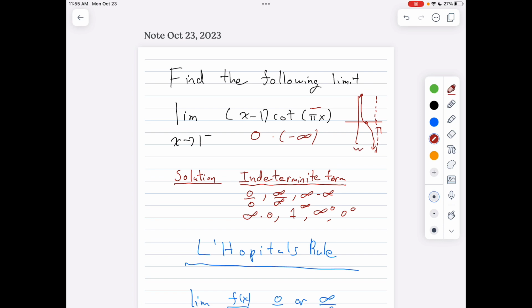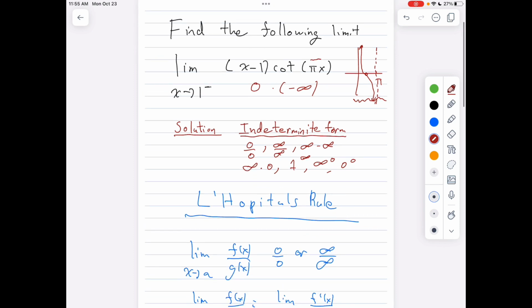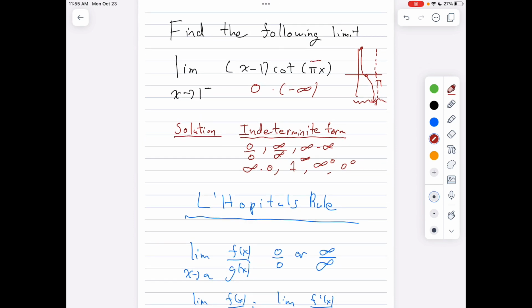You can look at that on the graph, and I often tell people if you have trouble finding the value of a limit, look at a graph of the trig function, as we did. All right, so 0 times minus infinity, or 0 times infinity, is an indeterminate form.